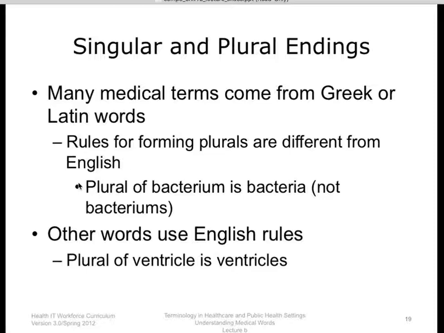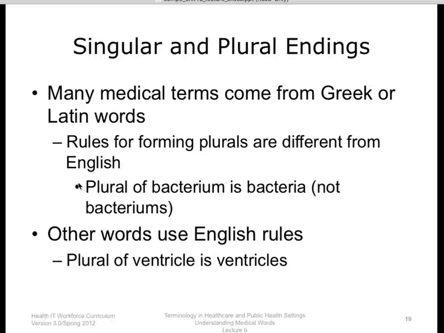Many medical terms, almost all of these, come from Greek and Latin words. The rules for forming plurals are different than they are in the English language. For example, the plural of bacterium is bacteria, not bacteriums, right? So in the Greek and Latin words, they don't just put an S at the end.